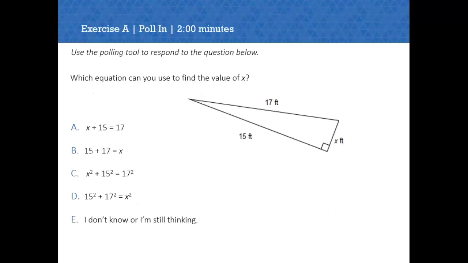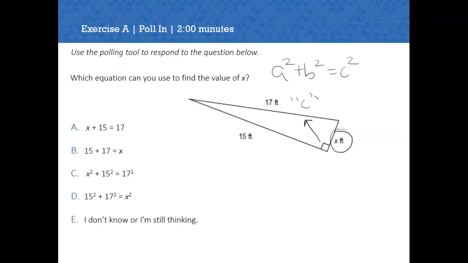So let's take a look here. It says, which equation can we use to find the value of x? Here we see it's a right triangle, so we know that a squared plus b squared equals c squared. Now we just need to plug these things in. Remember, the side directly across from the 90 degrees is the hypotenuse, which is c.